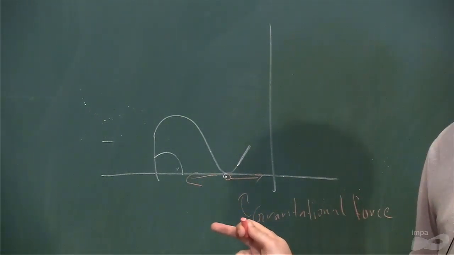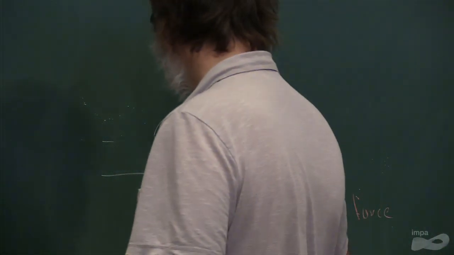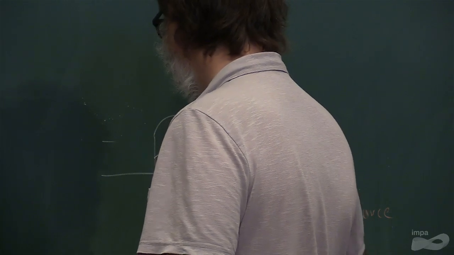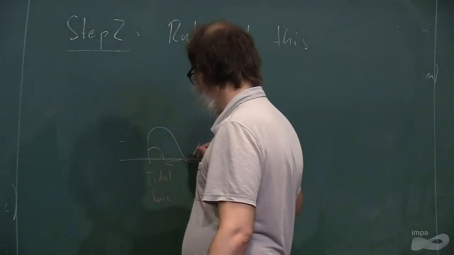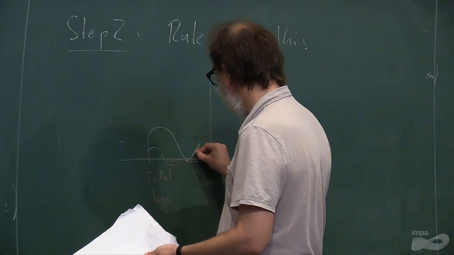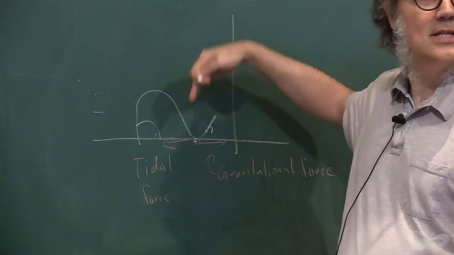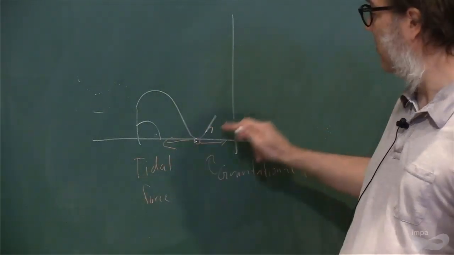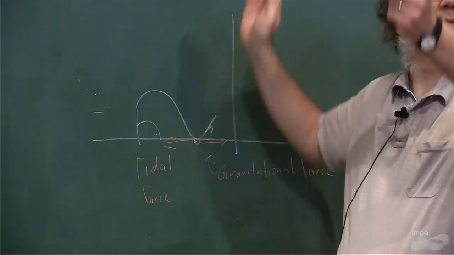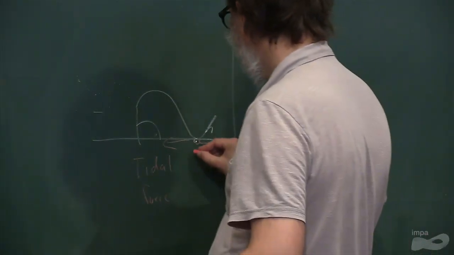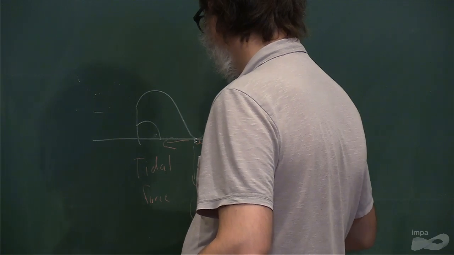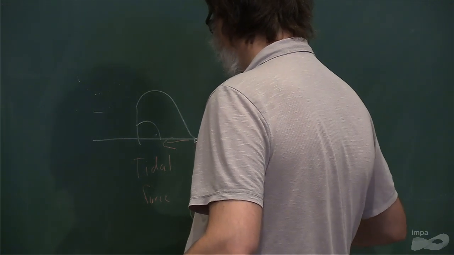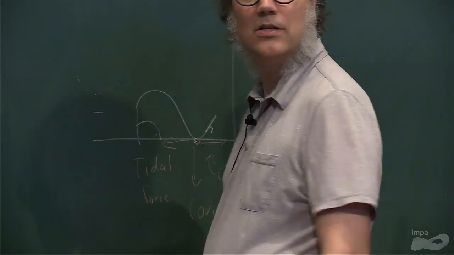Tidal force is repulsing. But then here we're moving in this direction, so we would also have Coriolis force in this direction, which contradicts because we are moving upward again. So we have here Coriolis force. This is a contradiction.